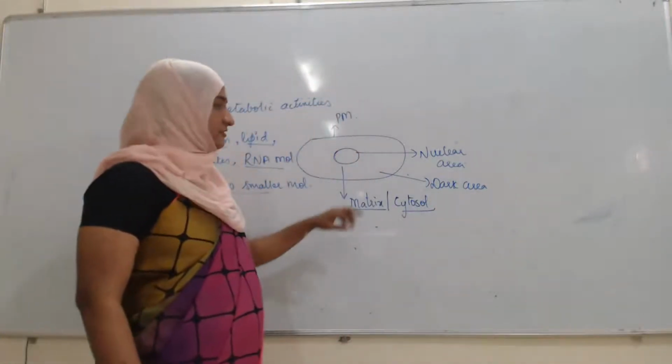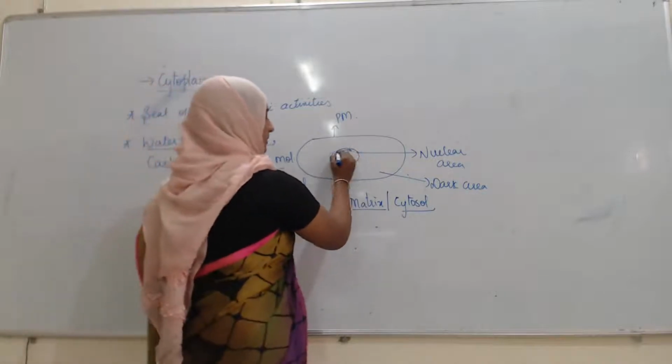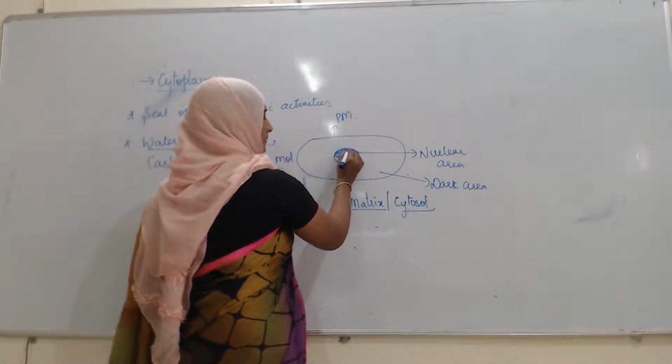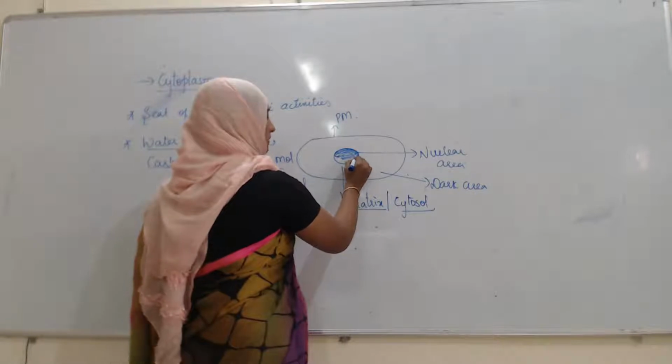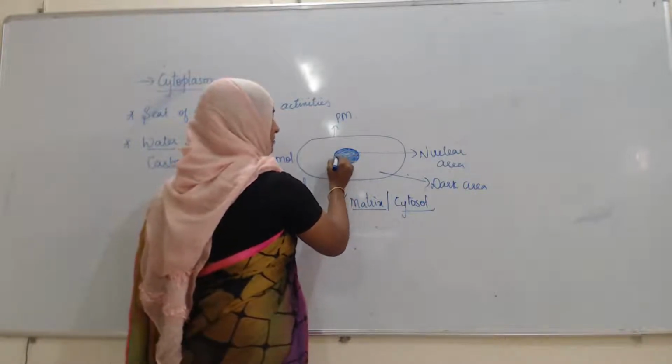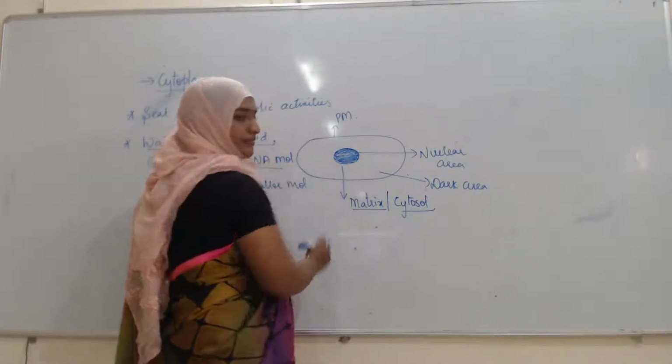There are two areas: one is the nuclear area, and one more is the dark area.